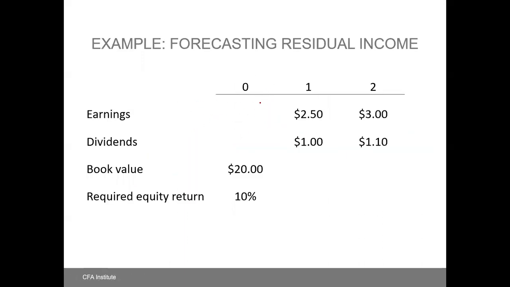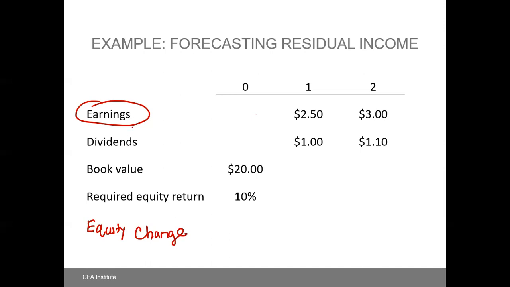Okay, so let's work on it. We have some earnings number, we have some dividend number, we have some book value at the beginning, and we have the required equity return. Do not forget the definition of residual income. We need the earnings number, and we need another number, which is the equity charge.